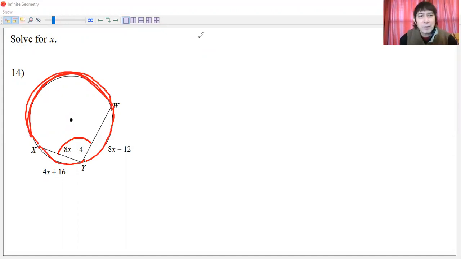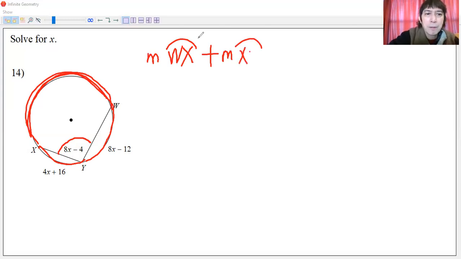So we shall call that arc WX, plus the arc XY plus the arc WY must be one full circle there.